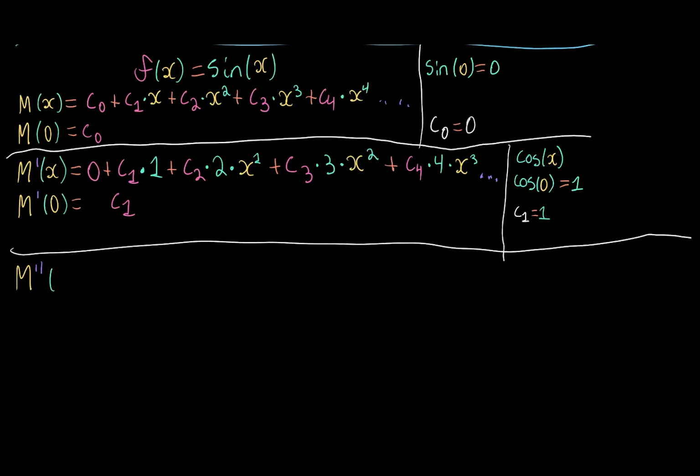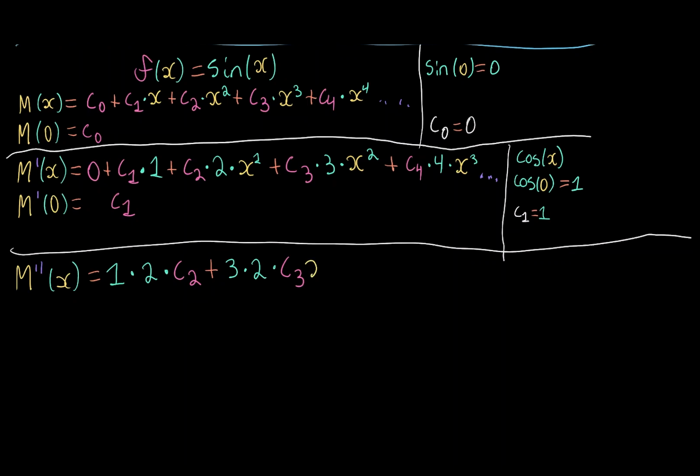All right. So m double prime of x is equal to 1 times 2 times C2, plus 3 times 2 times C3 times x.